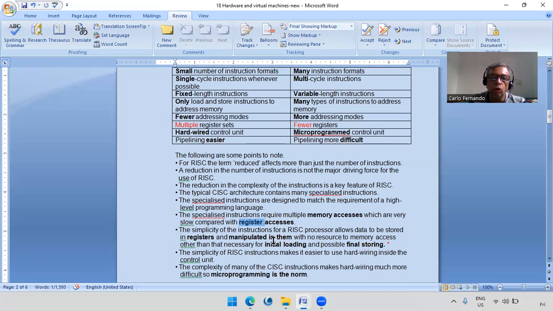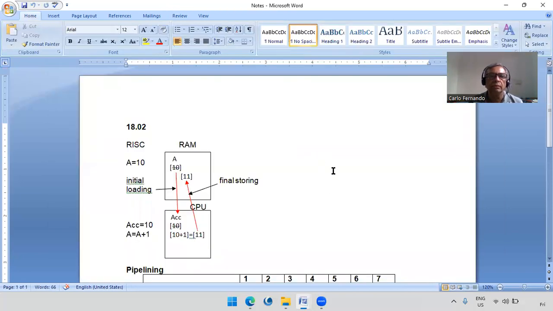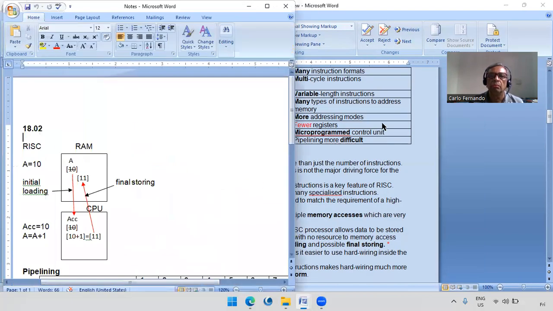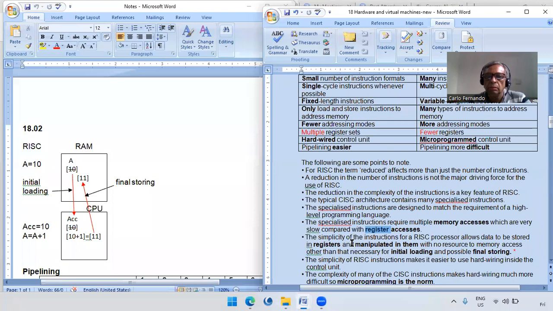So you initially load from RAM and also store. That is all to use the memory for.